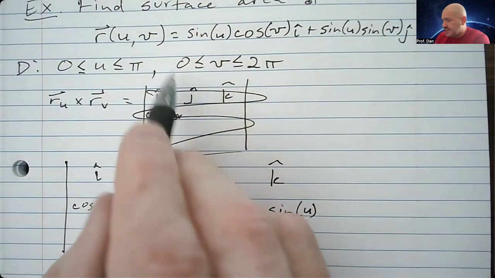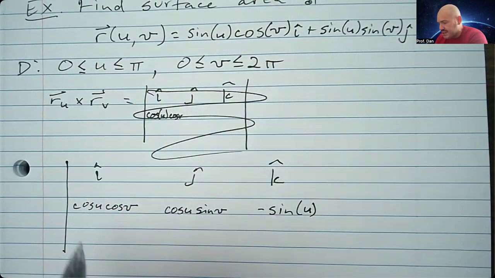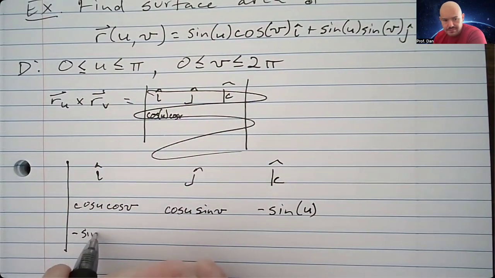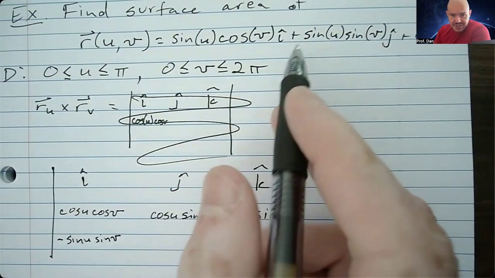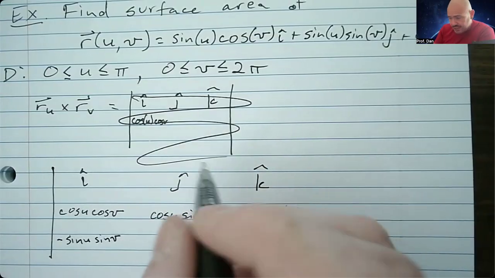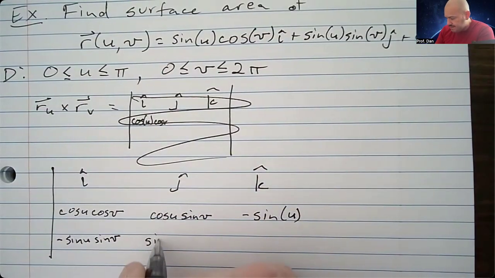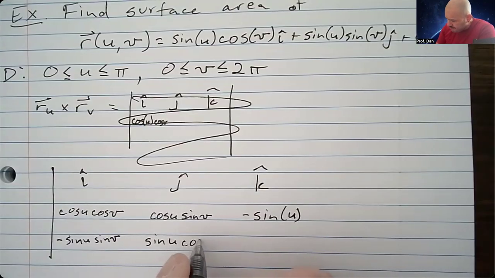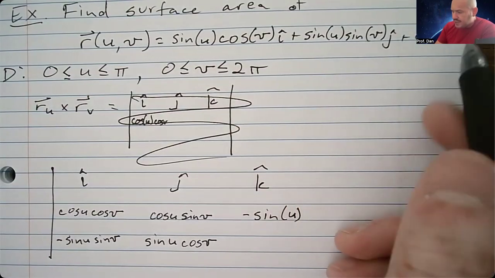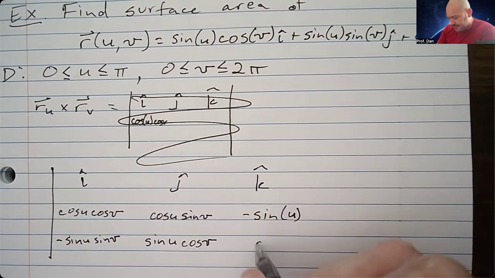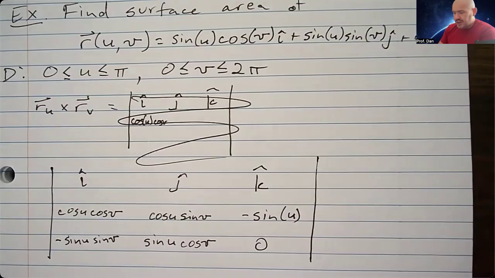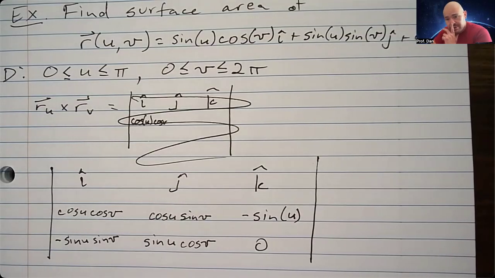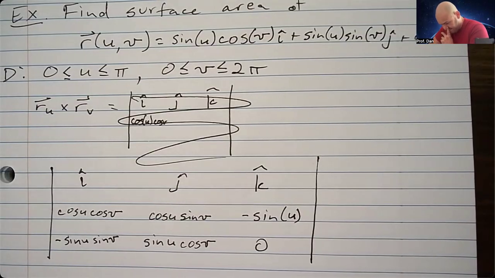So for the i component, that's negative sine u, sine v. For the j, sine u, cosine v. And for the k component, there is no v, so that would be 0.